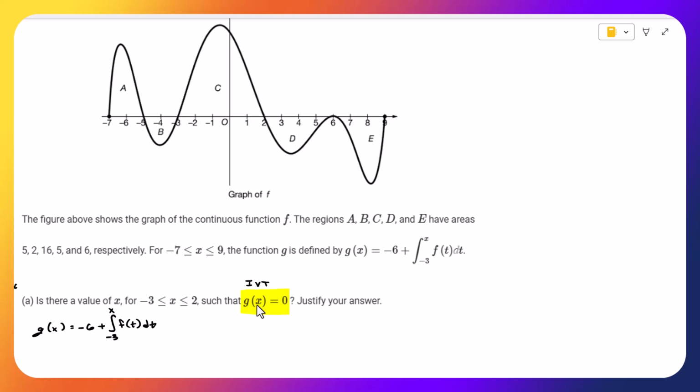And what do we need for our intermediate value theorem? Hold on one second. I want to have my notes up. I'm making sure to get everything right. Okay. So what do we need for the intermediate value theorem?